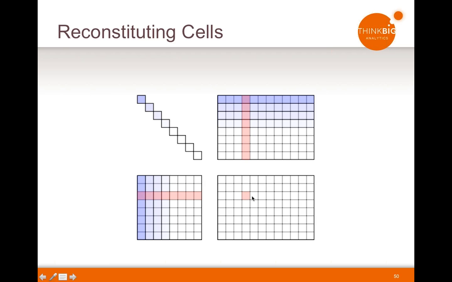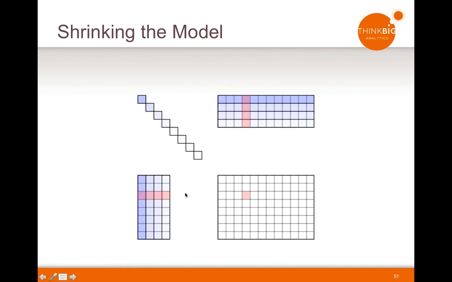So this cell is equal to this times this, plus this times this, plus this times this. And as we go further on, we get a closer and closer value. If you keep all of the values, you get the exact value. If you just throw away half of this, then you get a close approximation.